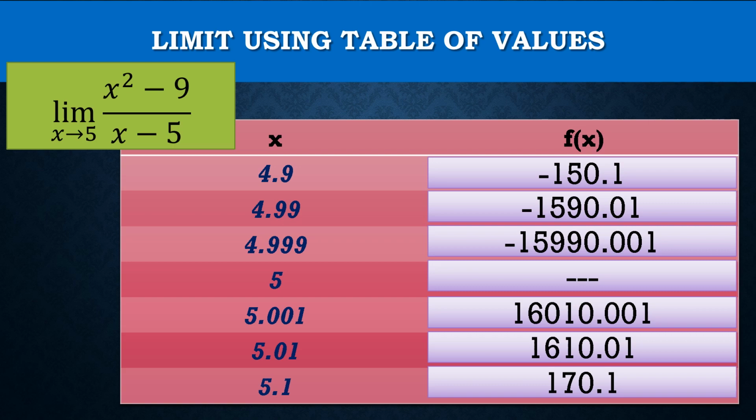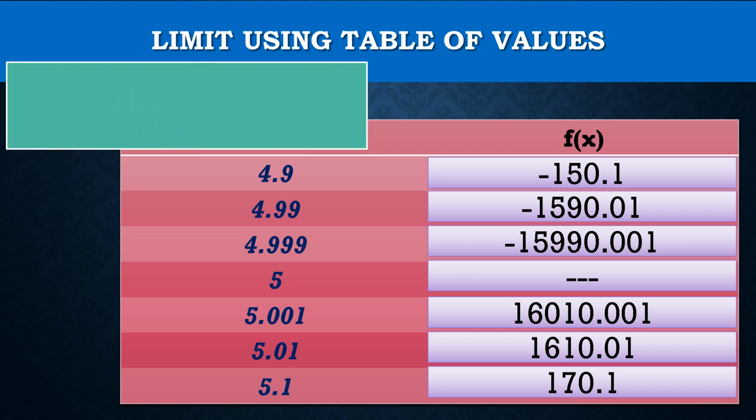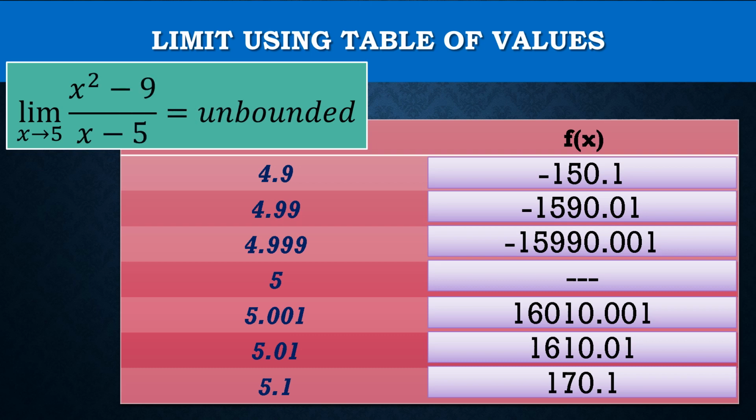How about f of x as x approaches 5 from the right naman tayo? So from 170, naging 1,610, naging 16,010. So ano yung napapansin natin? Yung values ng f of x habang papalapit tayo sa 5 becomes bigger and bigger and bigger. That means f of x is approaching positive infinity naman. So we can say that the limit is unbounded. So does not exist. Walang limit. Right hand limit is different from the left hand limit.